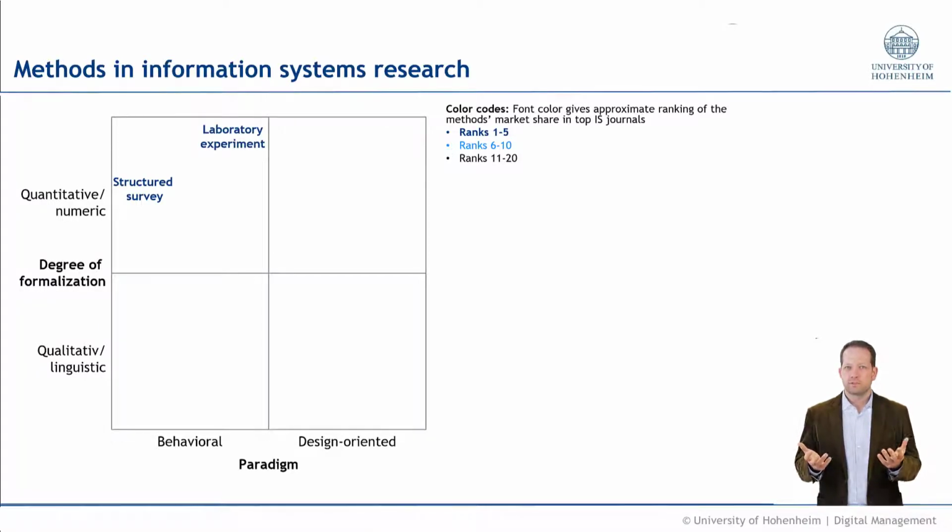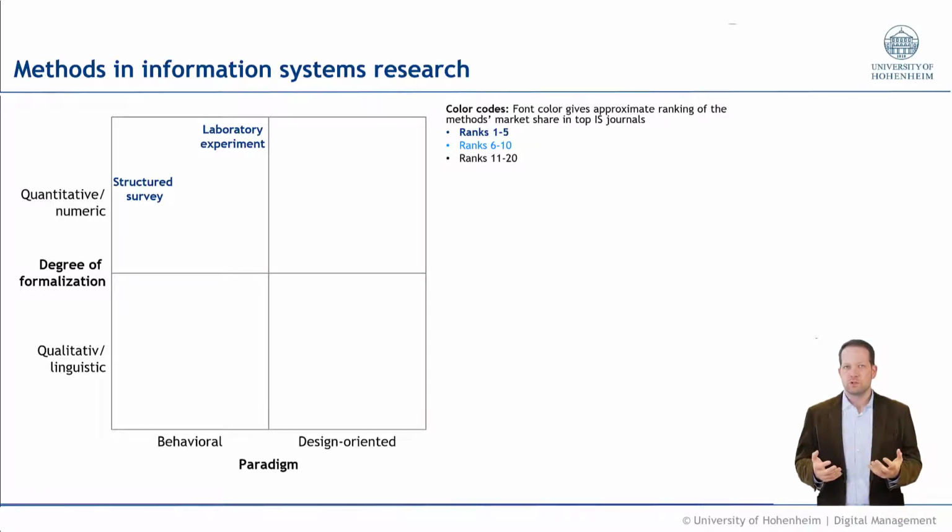Somewhat comparable to structured surveys are laboratory experiments, one of the other top 5 methods used. In an experiment, you have an artificially constructed environment, here in a lab environment. So traditionally this was a computer pool or individual cubicles where people work on computer terminals, and you have a rather controlled, strict environment where you manipulate only very few things, for example, the instructions or the interface of a computer program, and then observe behavior by participants.